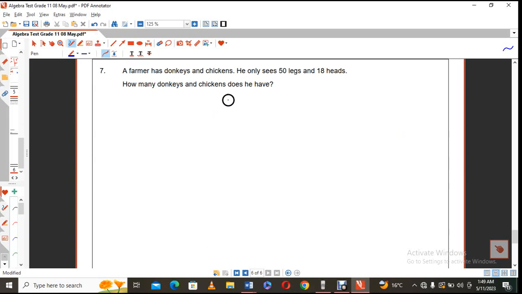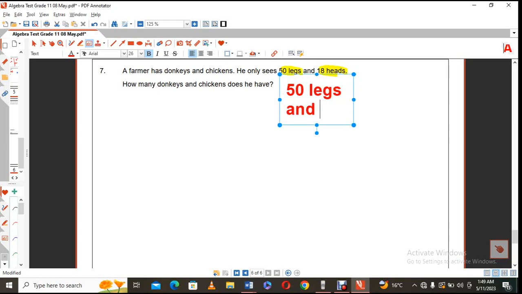All right, so I also realized when I was giving the students this question, I made a small mistake, but I rectified it here. I may still have the mistake over there, so let me rectify this. It has to be 50 legs, and it must be 18 heads.